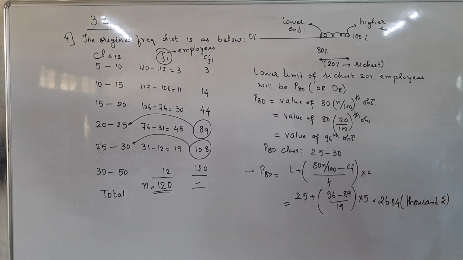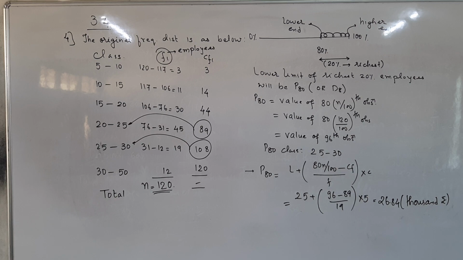That's all. So, the lower limit of the richest 20% of the observations is P80. Suppose you were told to find the lower limit of the richest 30% employees, we would have found P70.